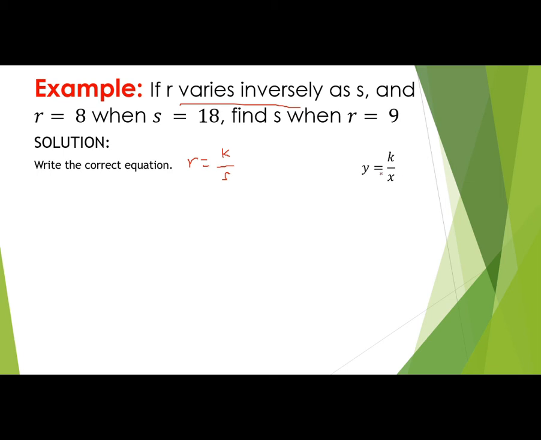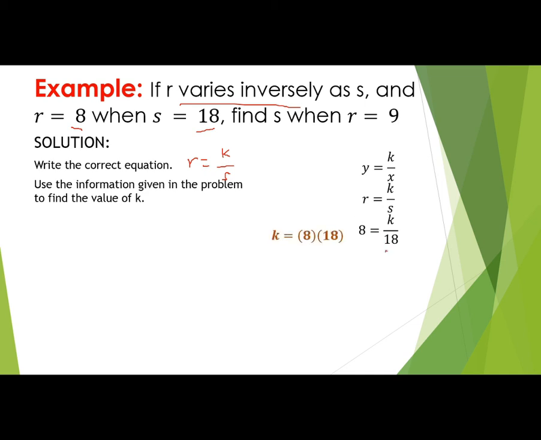So, usually y equals k over x, but this time, this is r equals k over s. So, if r is 8 and s is 18, so what is k? So, we use k, 8 times 18, we will get 144.